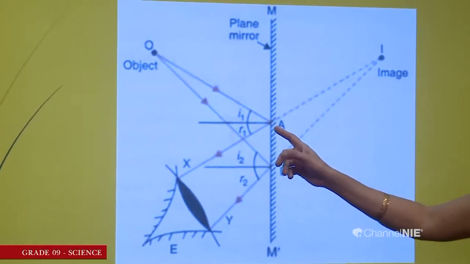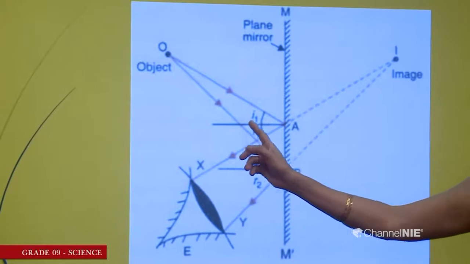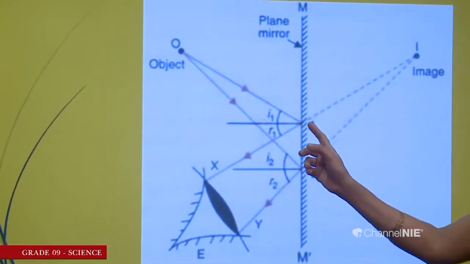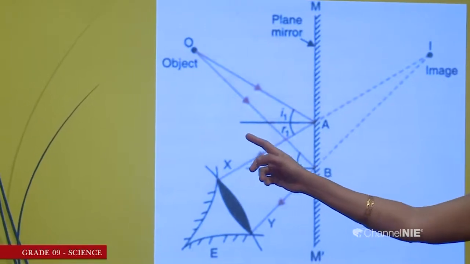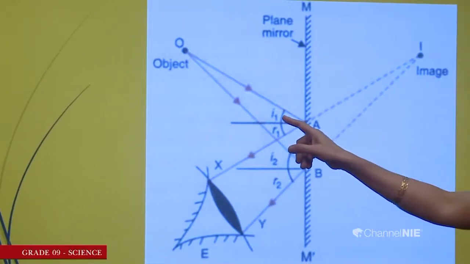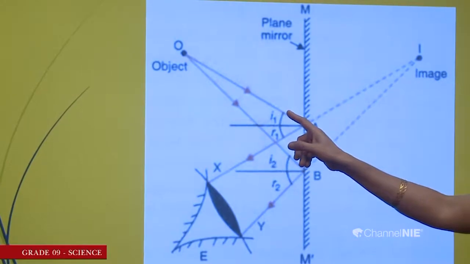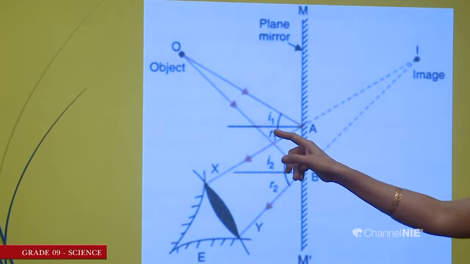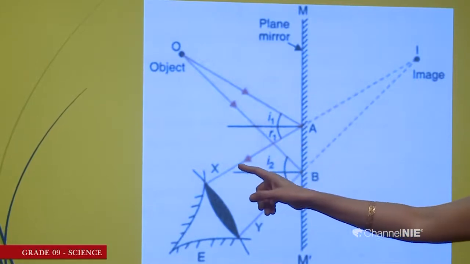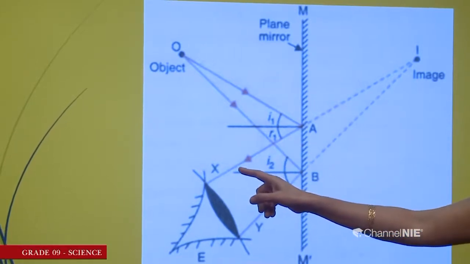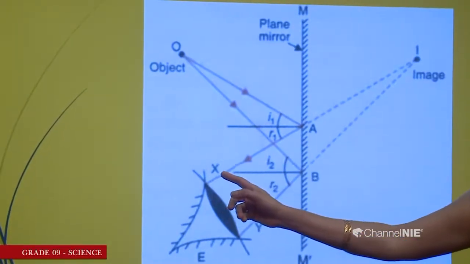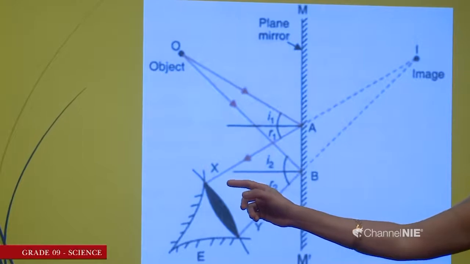Then keep the protractor and draw the perpendicular line at the point of incidence to the surface of the plane mirror. Then you can measure the angle of incidence and measure the same angle as the angle of reflection and mark the reflected line. Then use a ruler to draw the reflected light ray.